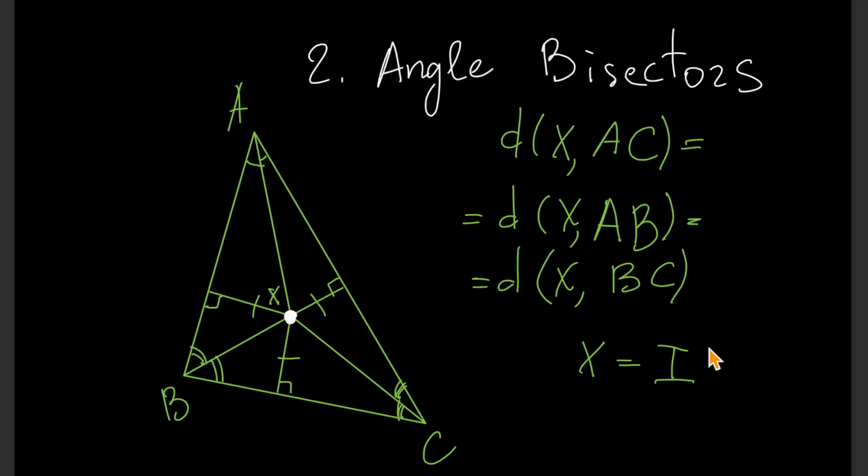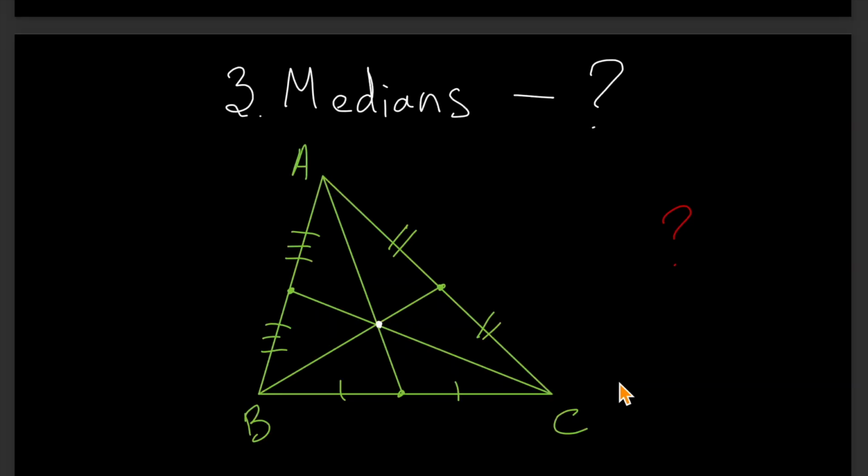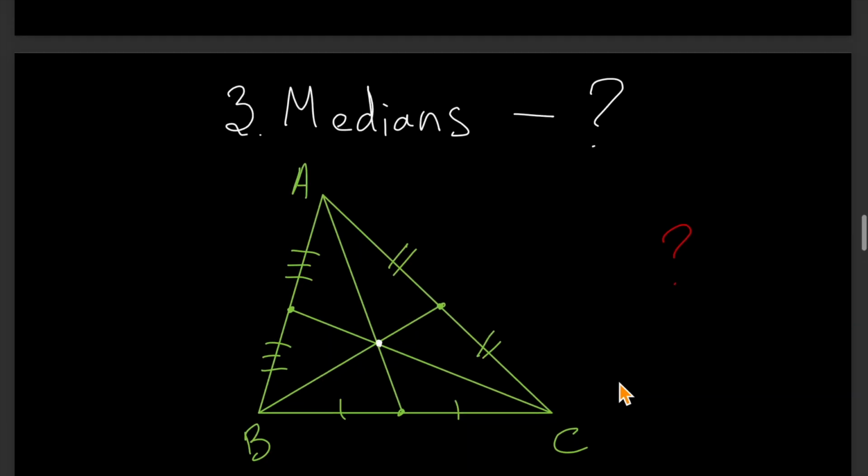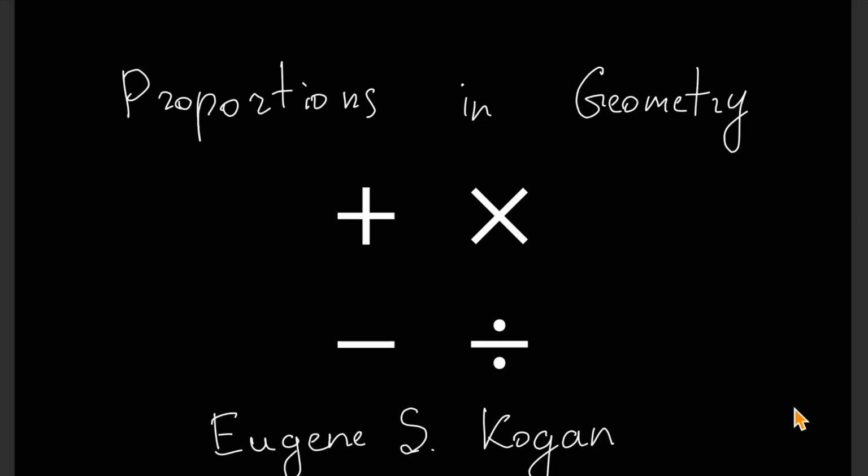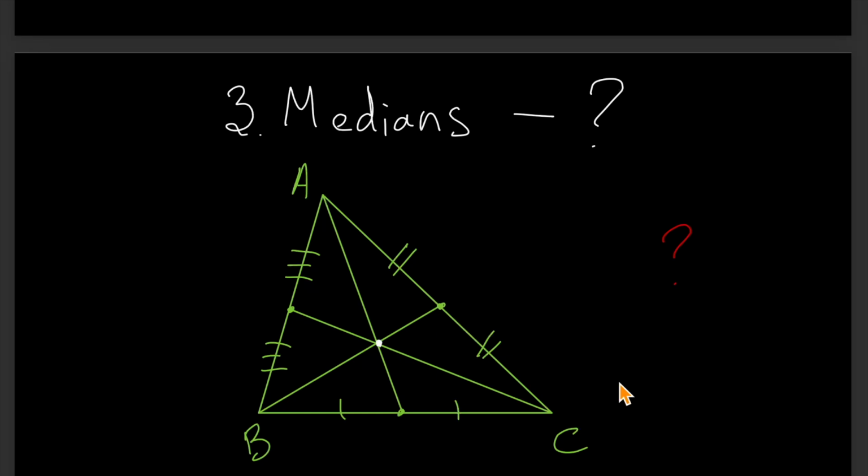And so X is actually the incenter of the triangle. So far, our method looks like it can crush anything. But here is a simple task which I do not know a way to solve without some generalizations or complications of this method. It concerns medians.